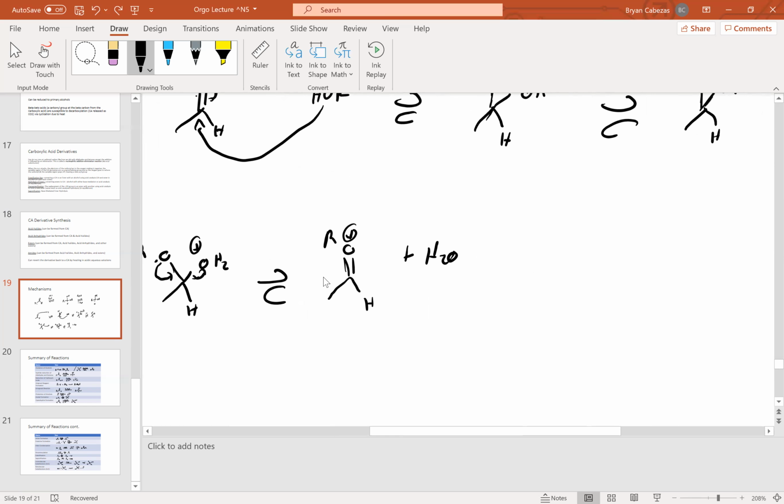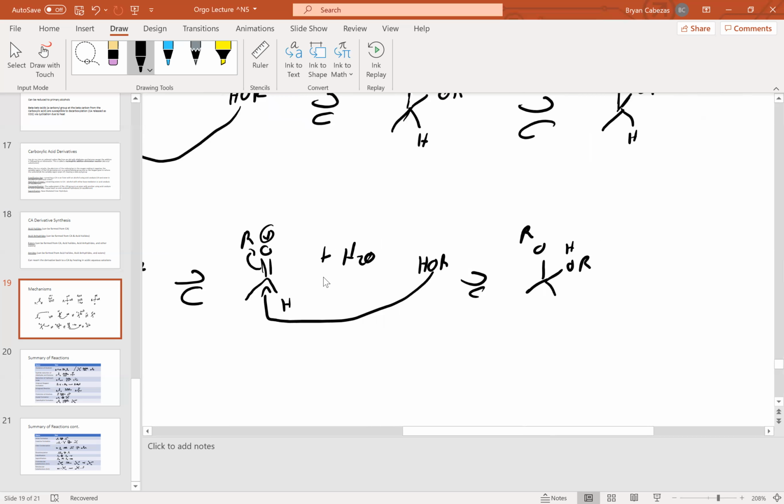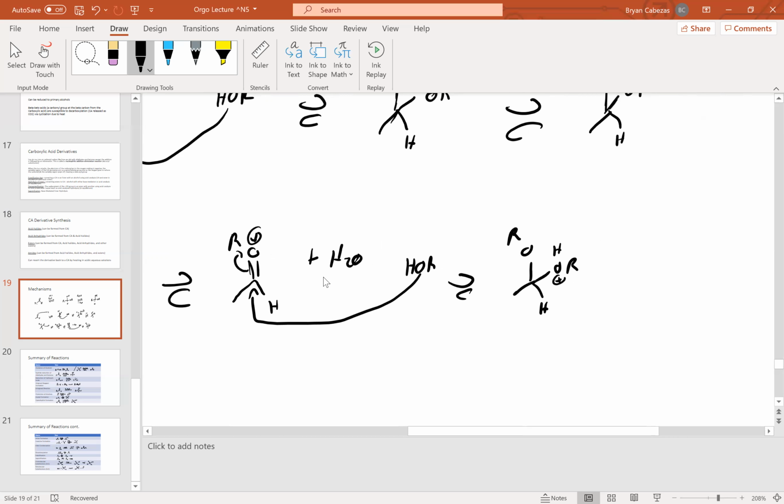So what's going to happen is our other alcohol group is going to come in and tackle this electrophilic carbon. So what is that going to look like? Well, once we tackle this carbon here, this double bond is going to go back up. And what we're going to have is the same situation we had before, in which we have the positive charge on the oxygen.